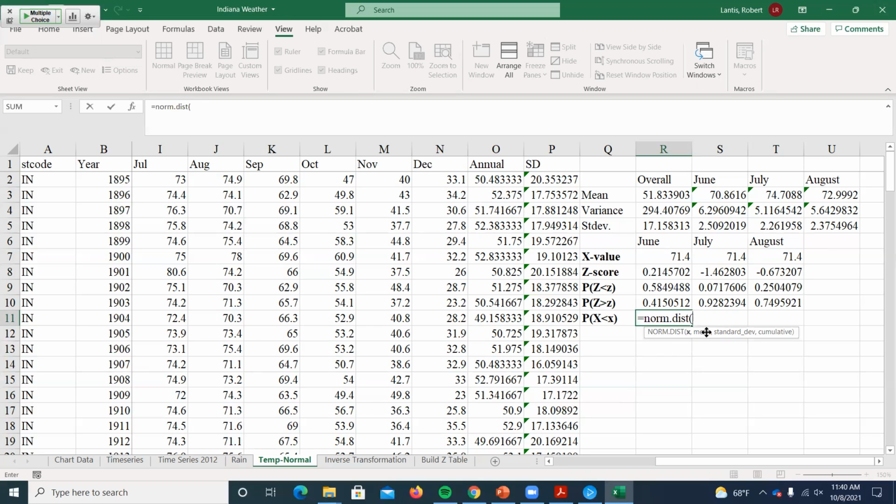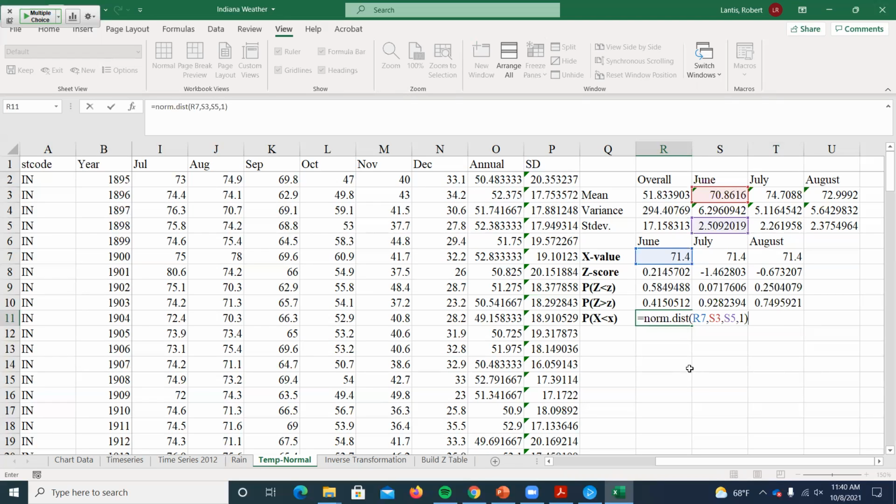So with norm.dist, you tell it the cutoff value you're interested in, x, comma, what is the mean of the variable that you're looking at? So that's up here, comma, the standard deviation of June temperature. And then just like norm.s.dist, comma 1 is the last thing, which tells it to make it cumulative.